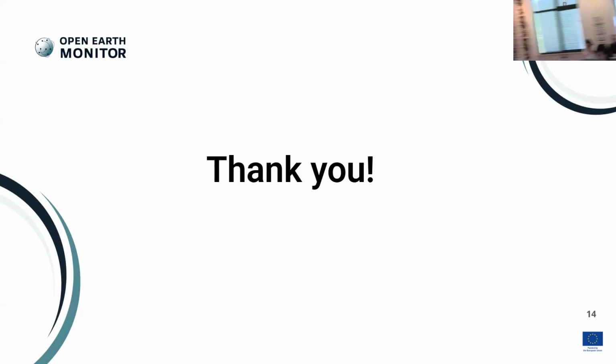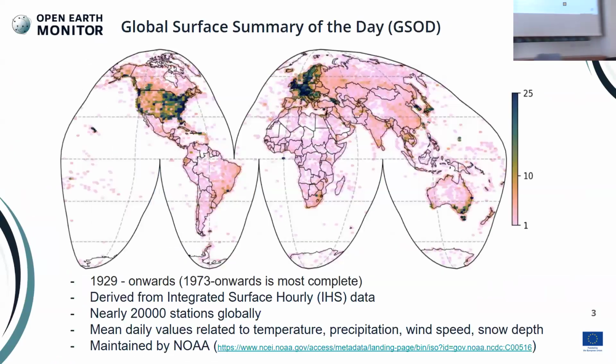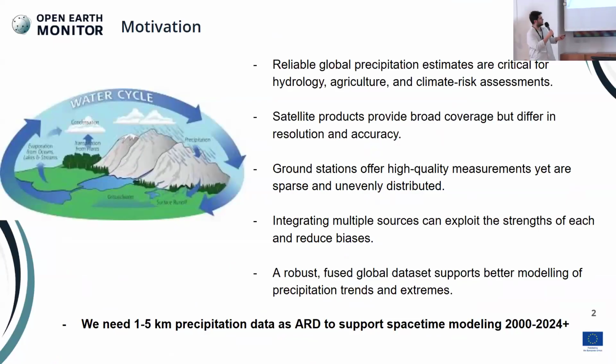Yeah, thank you, Luca. You're definitely right. That's why we hesitated to write 1 kilometer, and why I said 1 to 5 kilometer resolution, because even with the test data set we spared, it's not possible to validate the real resolution we have after the modeling. For that we need local data sets that are more dense, like you said in Italy. We have a couple of other data sets that we didn't include in the modeling.